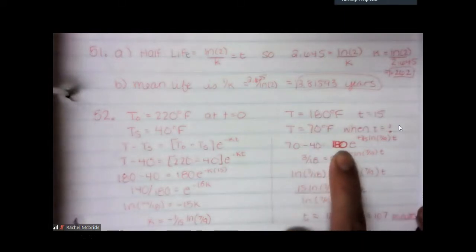But you told me you had 180 minus 40 here. Because if you use the same equation, it's just the same equation for 180 instead of 220. So wouldn't it be the same thing? I don't understand why that would be the same. Because technically this is still 220 minus that 40 degrees.